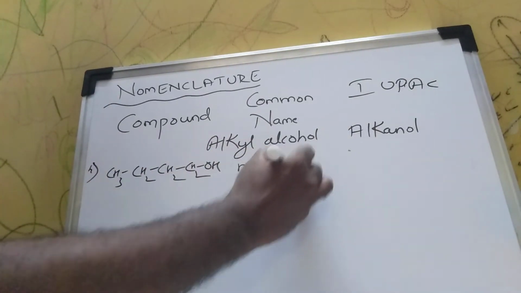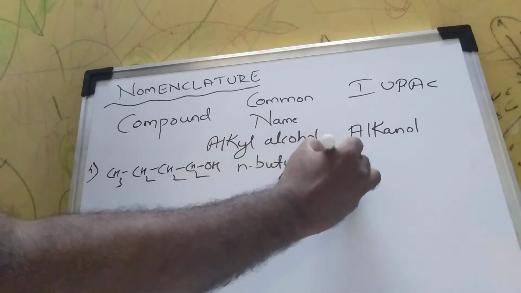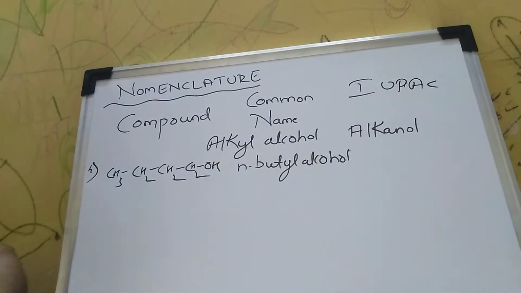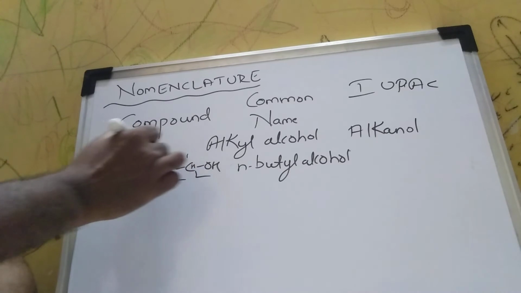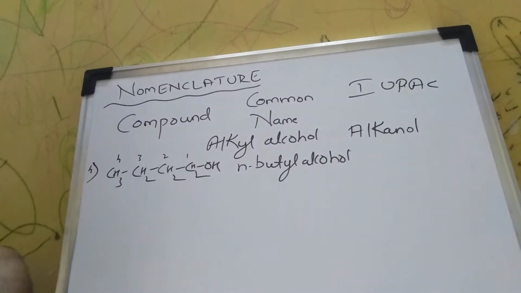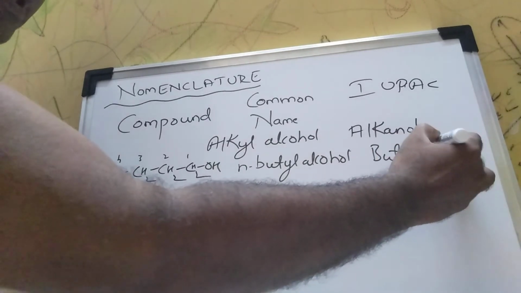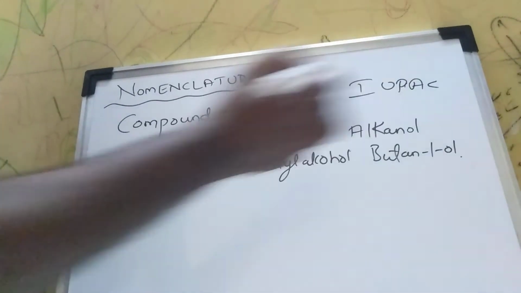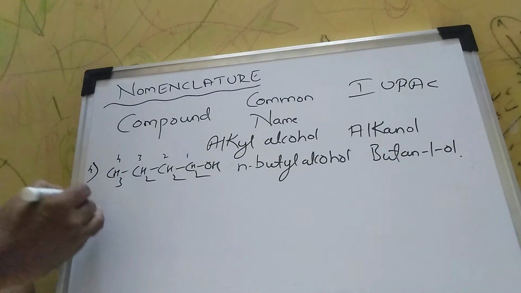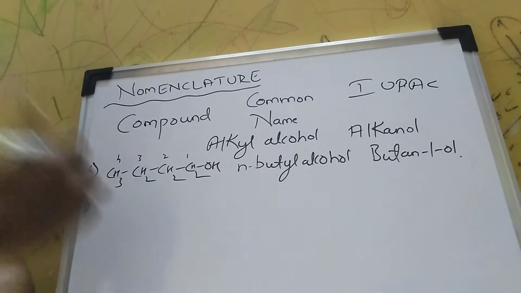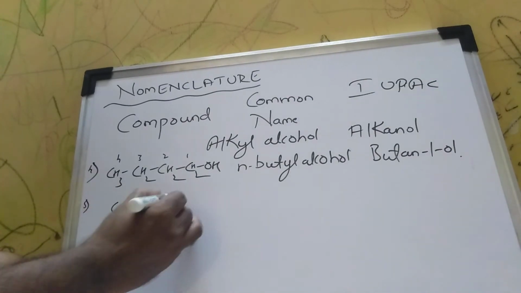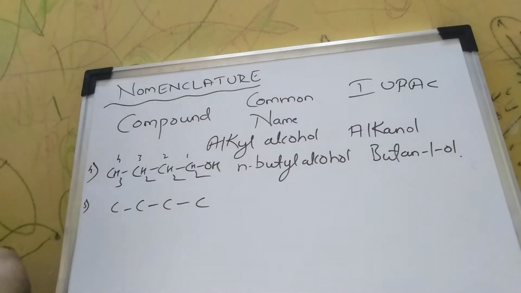N-butyl. OH is alcohol. IUPAC name 1, 2, 3, 4. 4 means butan. OH is attached to first carbon atom. Butan-1-ol.